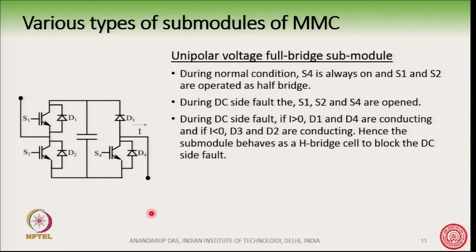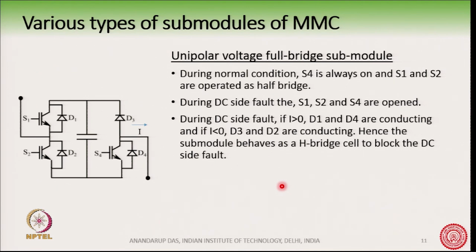Now, when there is a DC side fault, these switches are opened, so these are turned off, and if I is greater than 0, this diode will conduct and this capacitor will conduct and D4, this is how it will form. So, again the capacitors have come.